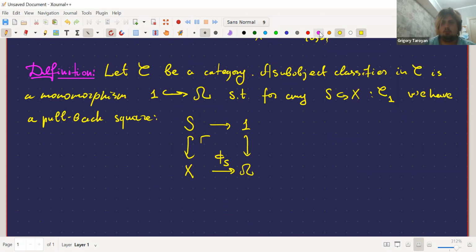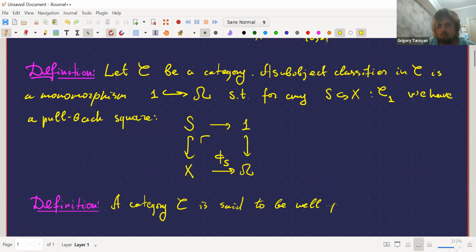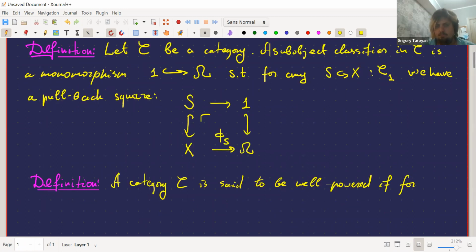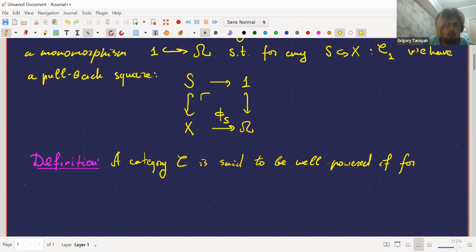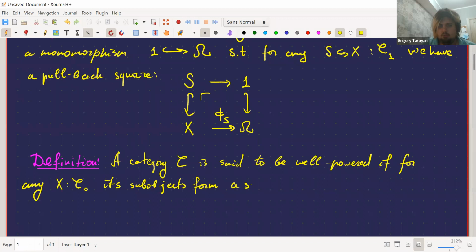Okay, so let me give another definition, more logical in nature. A category C is called well powered if for any object X in C, its subobjects form a small set.